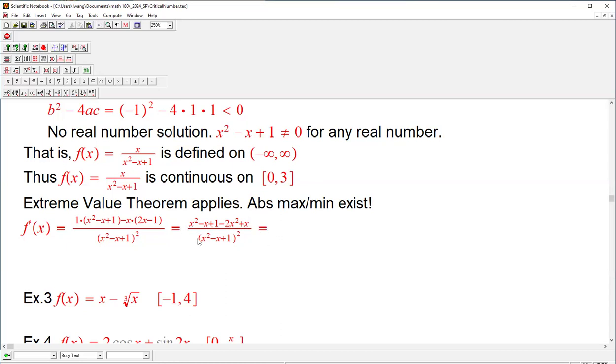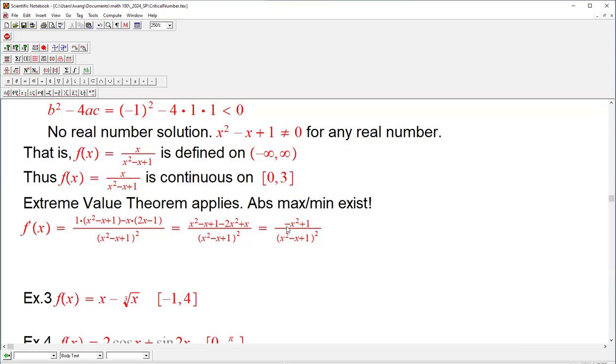So one more step. We're going to combine the like terms. Negative 2x squared combined with x squared. So we're going to have negative x squared left. Negative x and positive x makes zero.